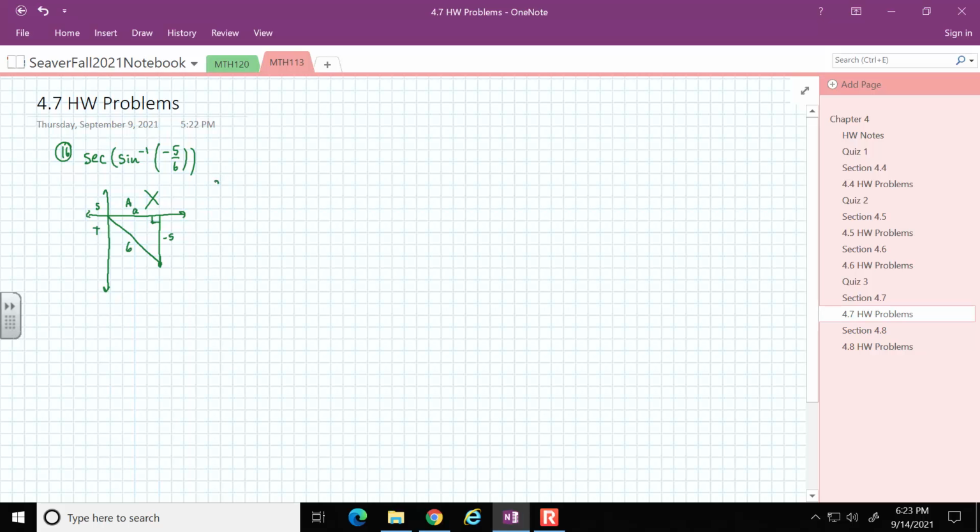So a squared plus negative 5 squared equals 6 squared. That's a squared plus 25 equals 36, so a squared equals 11. I like this problem though, because guess what? a is equal to the square root of 11.